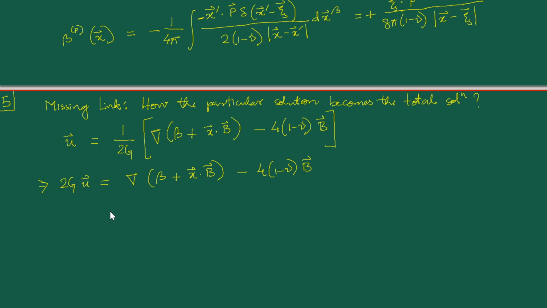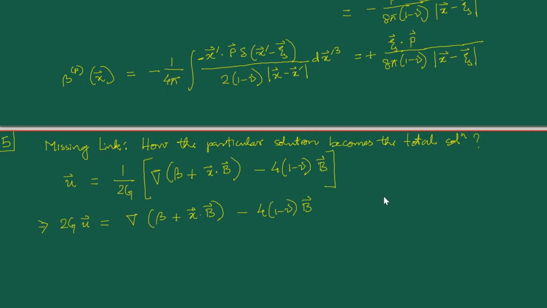Alright, so what I'll do is I'll just substitute this beta p and the bp here. So this is gradient, directly utilizing what I have present here. So this is xi dotted with p divided by 8 pi 1 minus nu x vector minus xi vector.